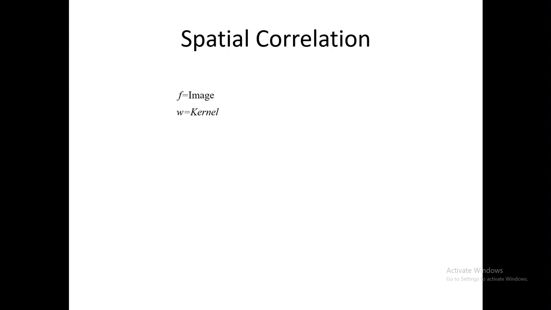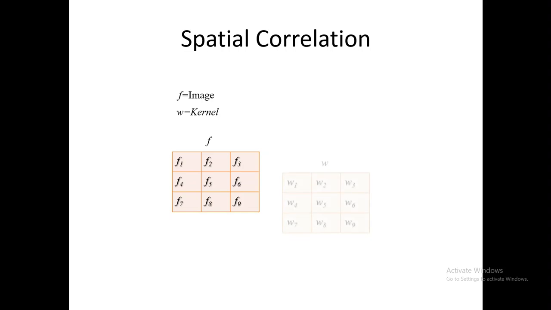Here we have f the image and w the kernel or mask. We have taken the neighborhood of 3 by 3, and our center pixel is f5. We get the mask, which also has a center pixel w5, and we perform the spatial correlation.